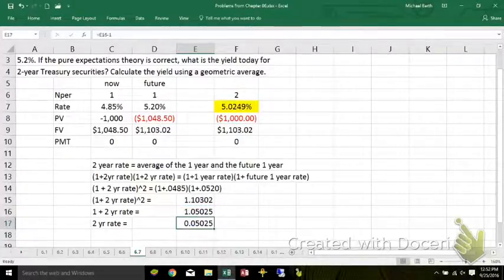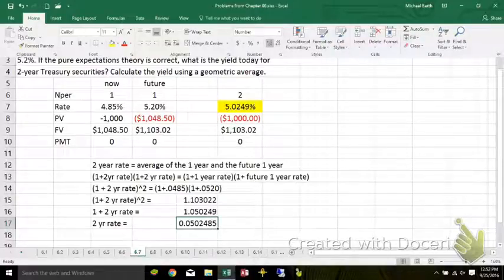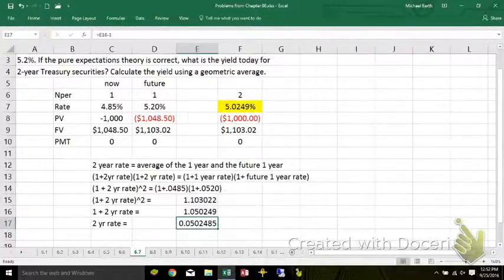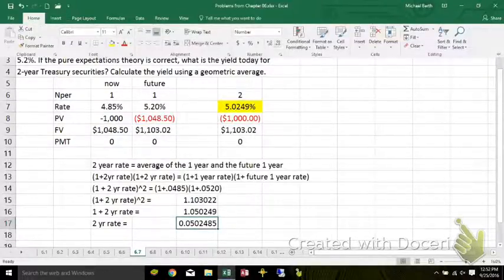Alright, so I know not everybody loves the math as much as perhaps they could, but that's all it is. And the answer you would get up here and the answer you get here are identical, okay? Because that's all the Excel's doing, is doing the calculations behind the scenes.